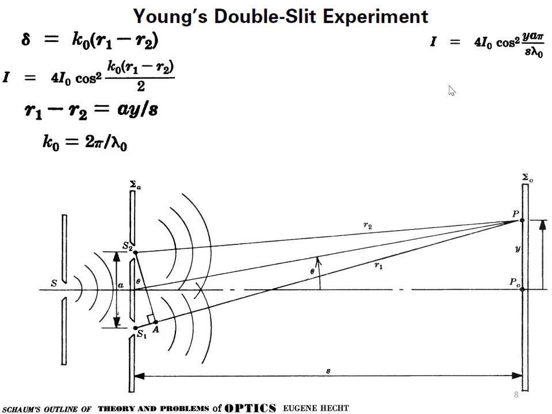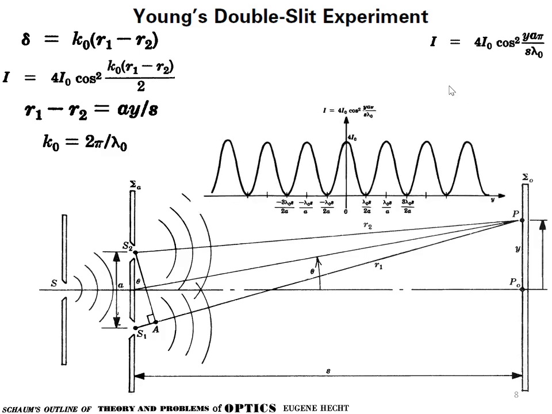And if you try to see how intensity varies over the screen, this is how this graph, again, you would have done in your previous classes. So intensity, this is y, meaning the location of the point on the screen. If y is 0, we are on this point.